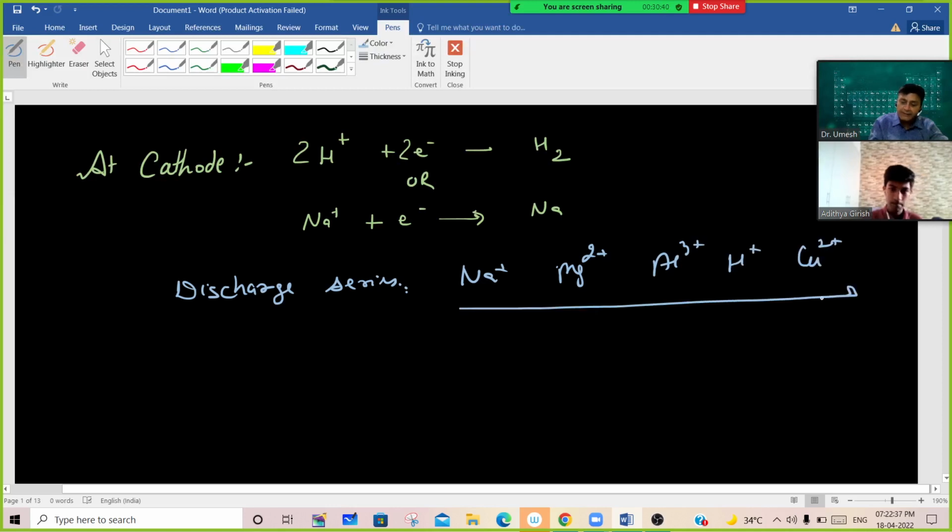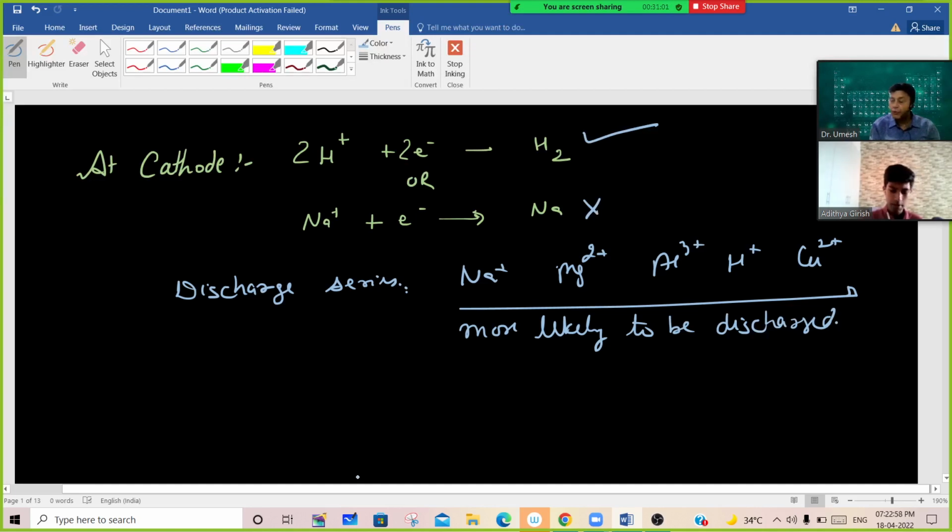In this series, more likely to be discharged. It means out of sodium and H positive ion, this will take place, this will not. Hydrogen has a more tendency to gain electron as compared to sodium.